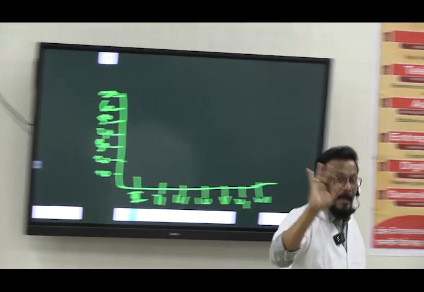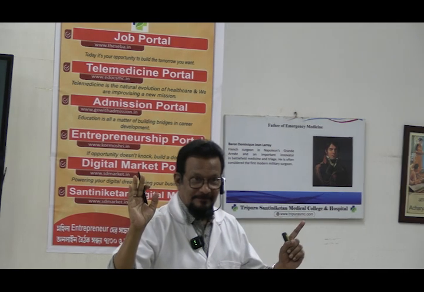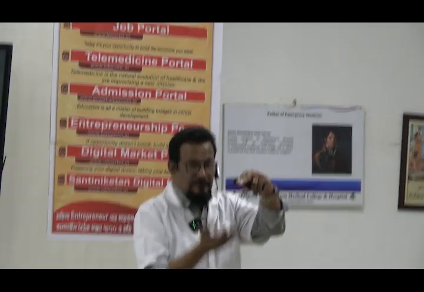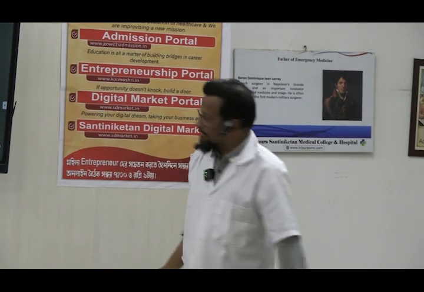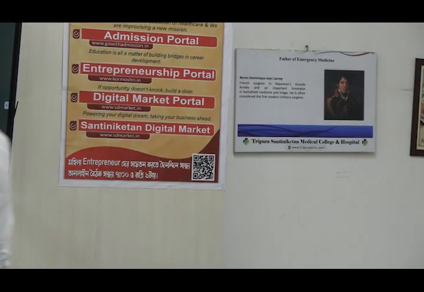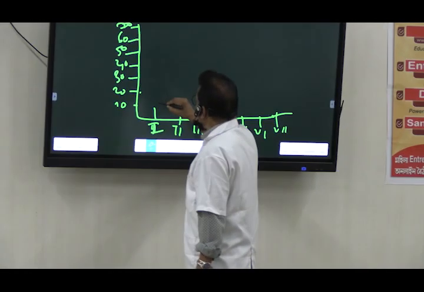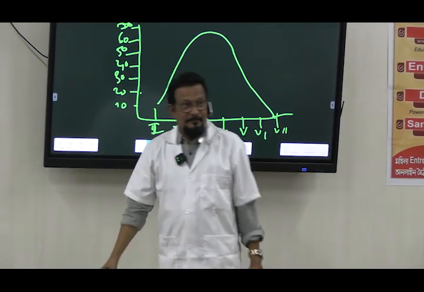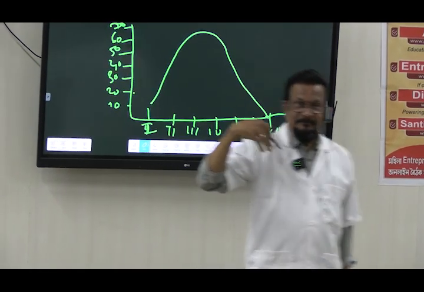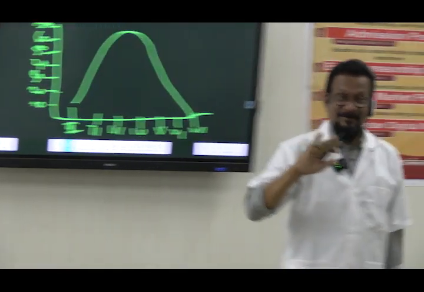So there are only 100 neutrophils, and these 100 will be distributed among the others. Okay. So now if you find the curve like this, bell shape, then it is normal.